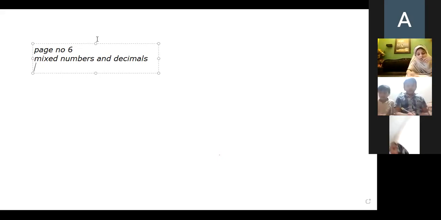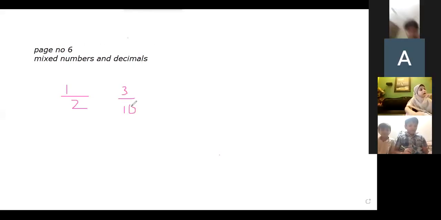In the last class and before starting this one, I told you about fractions. That is a very simple fraction, like 1 by 2, 3 by 10, 5 by 10. What is a mixed fraction? In a mixed fraction, we have a value here, any value.